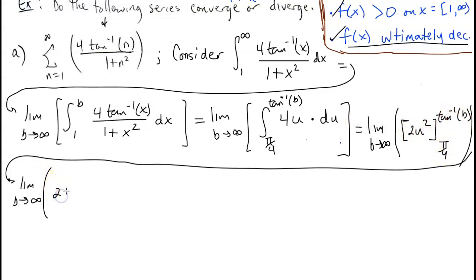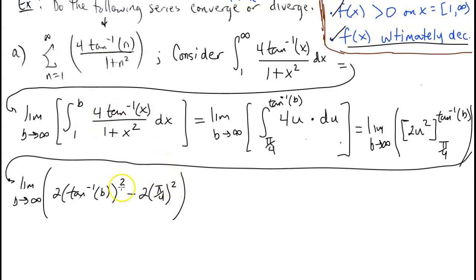So this will be 2 times tangent inverse of b, and that'll be squared, minus 2 times, sorry, not tangent inverse because we've already done that. So it'll be 2 times pi over 4 squared.